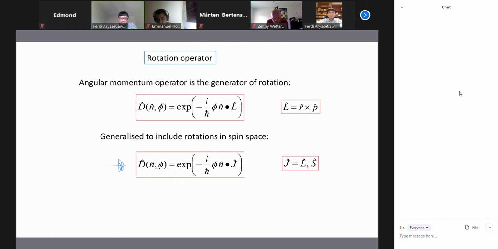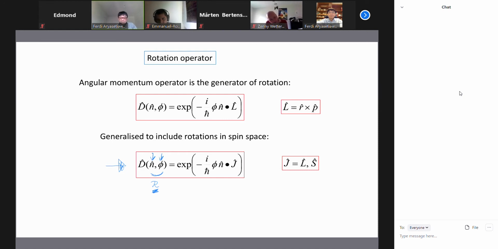So this is an operator that acts on a Hilbert space. The rotation itself is given by this here, so let me call it R. That is the rotation in three-dimensional space. Sometimes we talked about induced rotation, in the sense that the rotation itself is done in real space, of course, so this is represented by R. That's a rotation along a given axis n and by angle phi.